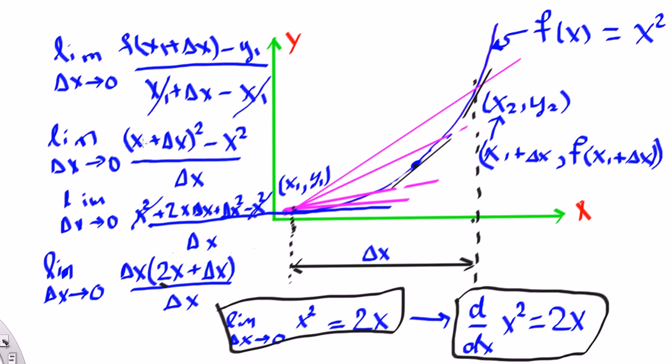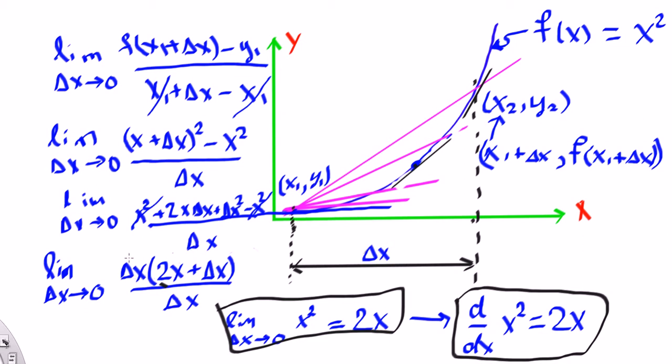This is x squared plus, when you have a binomial, after that you do 2 times the first term times the second term. So that's why I have 2 times x times delta x, and finally plus delta x squared. This is what I have here. And then subtracting x squared at the end, which is this one here, and we cancel out these x squared, and the final step, obviously we don't forget the denominator, which is delta x.